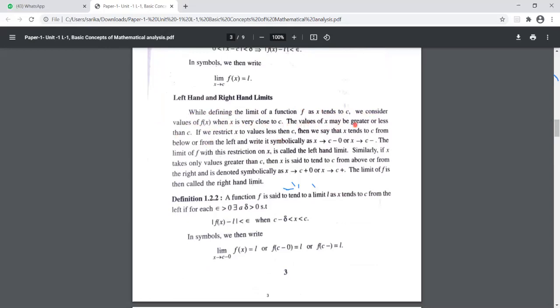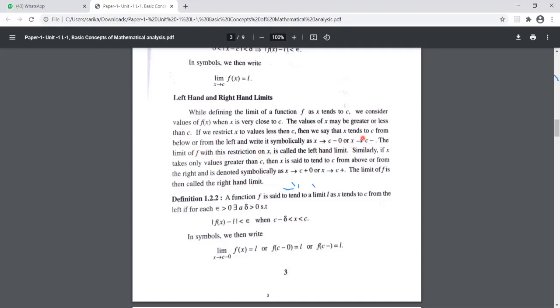The values of x may be greater or less than c. If we restrict x to values less than c, then we say that x tends to c from below or from the left, which we write symbolically as x tends to c minus 0 or c minus. The limit of f with this restriction on x is called the left hand limit.